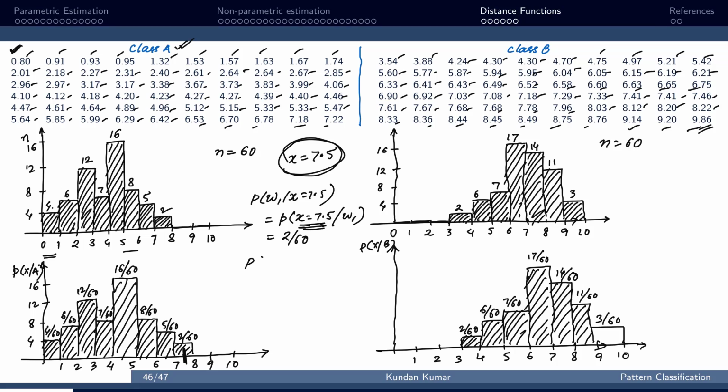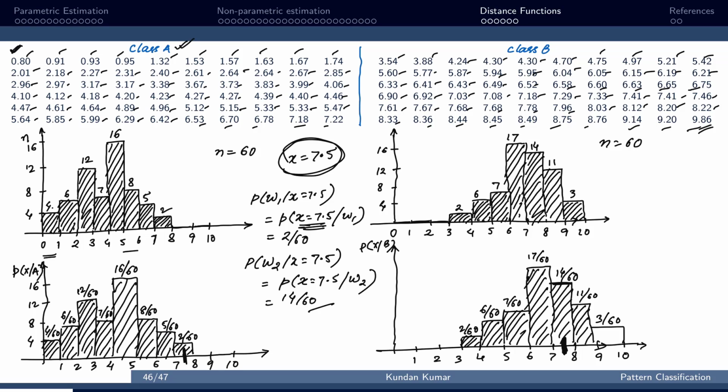So we can compute the posterior probability p omega 2 given x equal to 7.5. Here also the same prior probability, so we can omit the prior probability, so we need to consider only the class conditional probability. So p of x given omega 2. Okay, so here 7.5 will fall in this range. Okay, and the probability is 14 by 60.